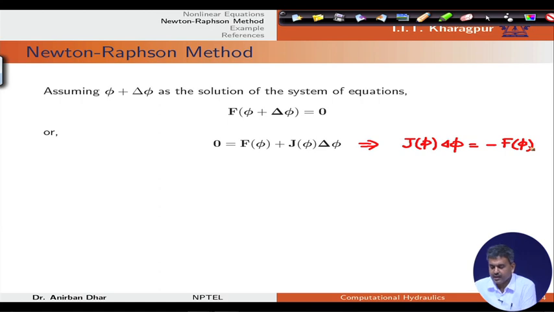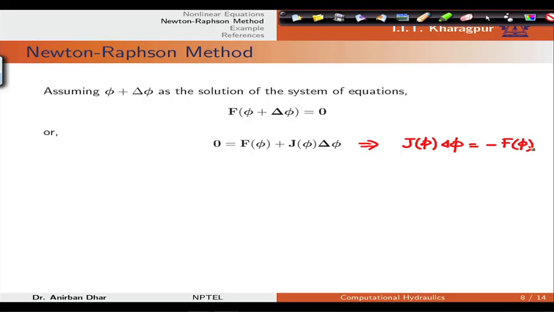Interestingly, this is linear in nature. Why? Because the Jacobian matrix that we are calculating is evaluated at the point phi. So, J is evaluated at point phi and its size is n cross n.